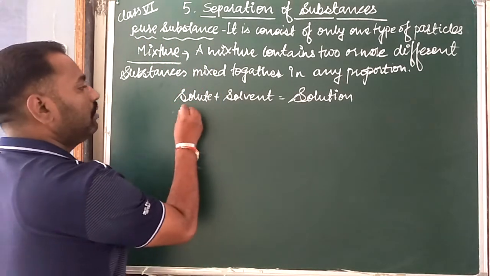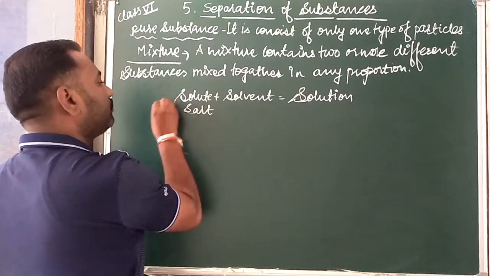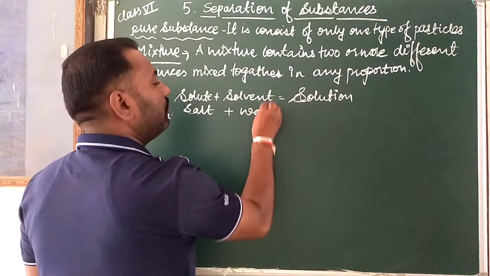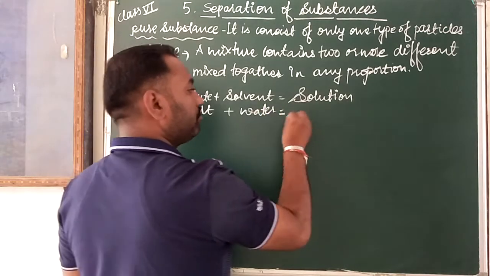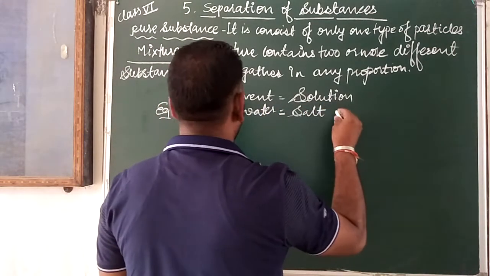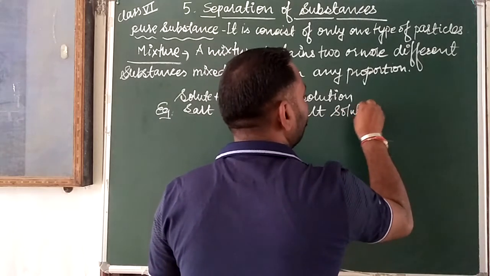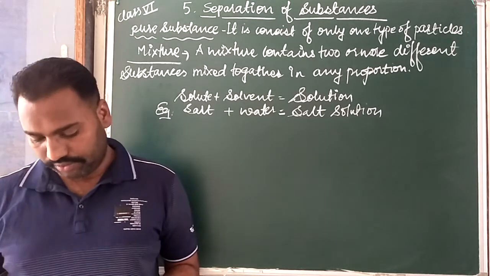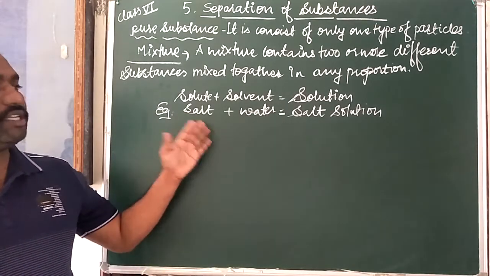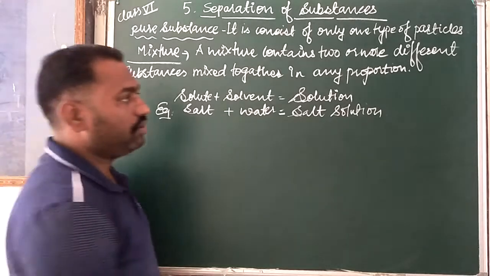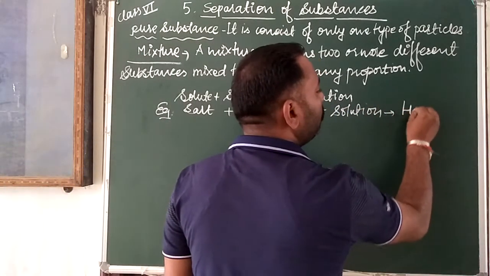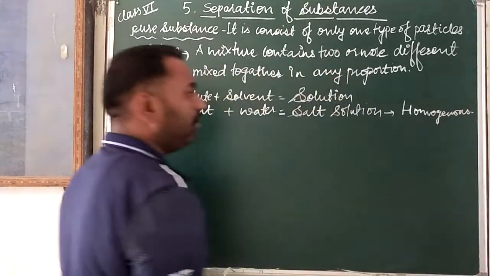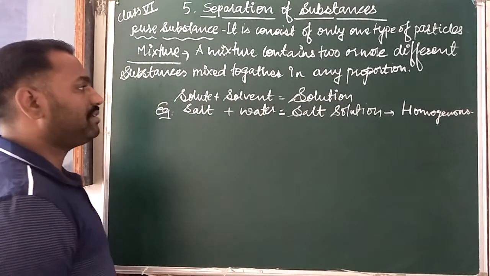For example, salt solution. So this is a homogeneous mixture. So a solution is also known as a homogeneous mixture. So what is the difference between homogeneous and heterogeneous?